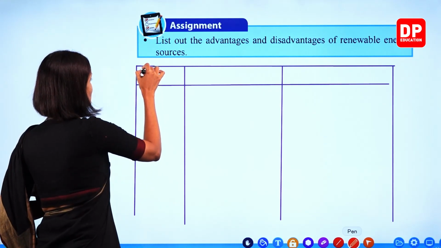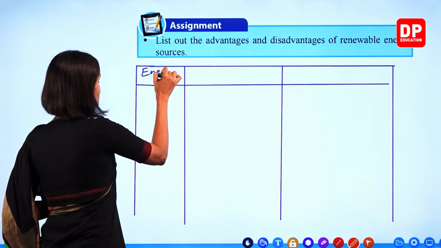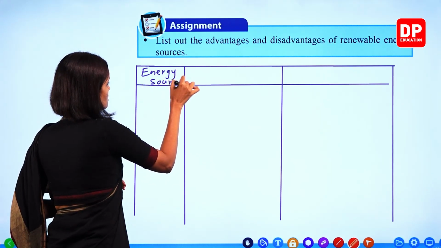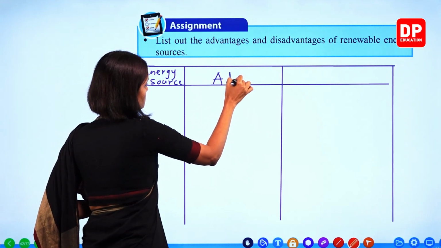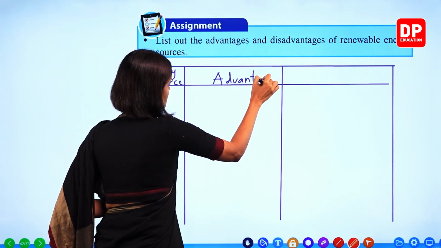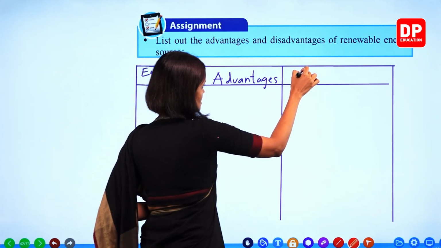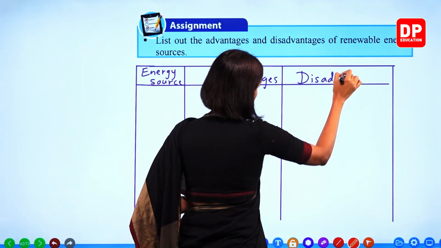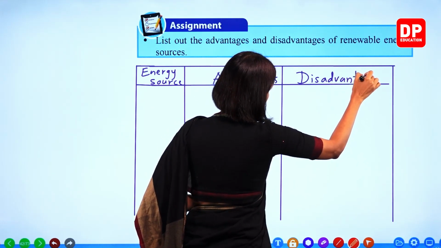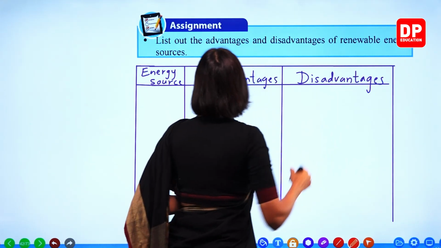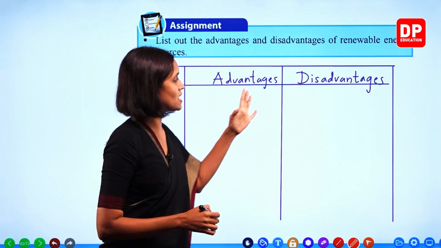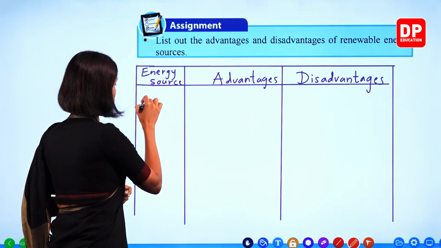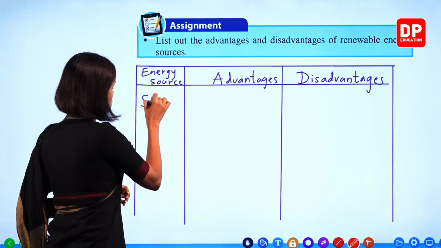We can write here energy source or renewable energy source, advantages, disadvantages. Right? Energy source, advantages and disadvantages we can write. So I will write the first one we discussed, solar power.